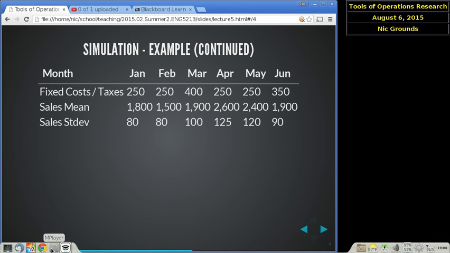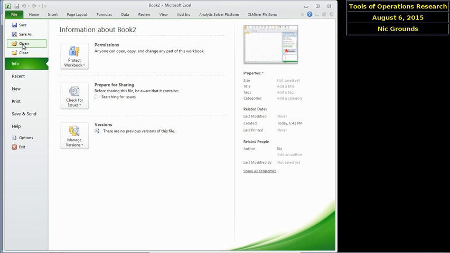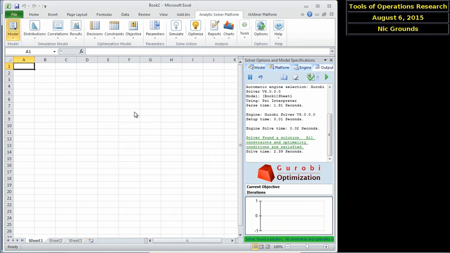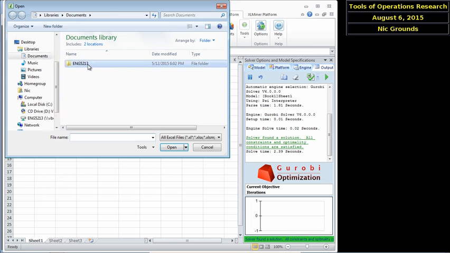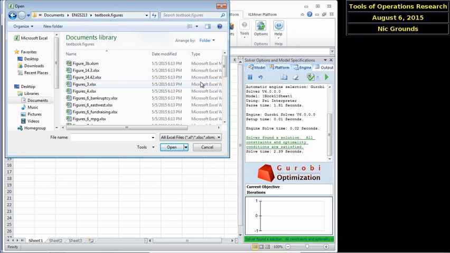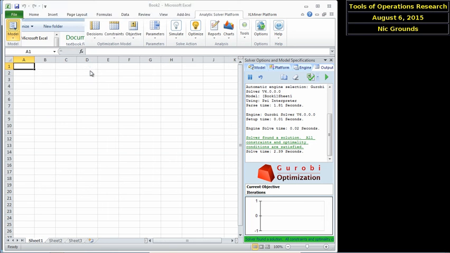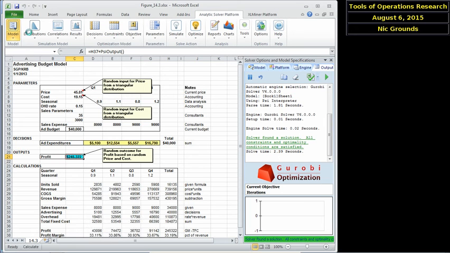Okay, so let's move to Excel. Luckily, I have an Excel sheet already for this. And I believe it's this one here. Nope, it is not.